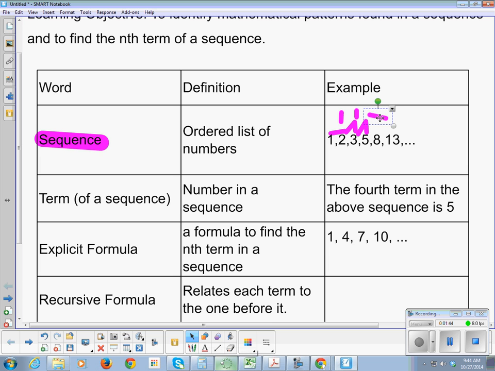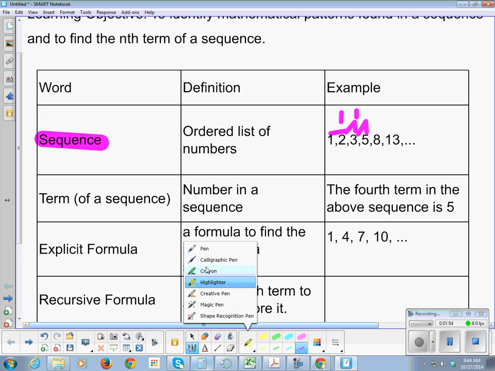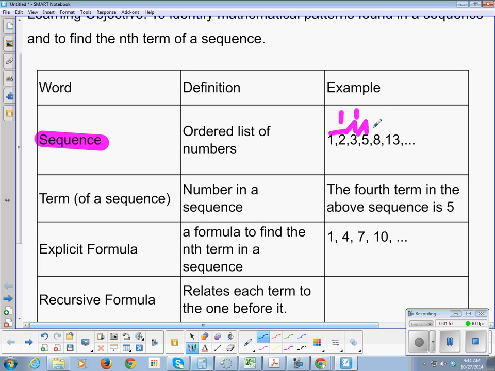The difference between 5 and 8 is 3. Difference between 8 and 13 is 5.